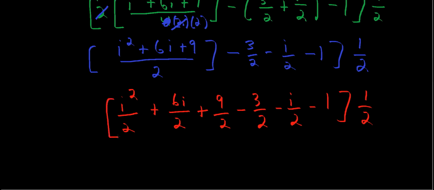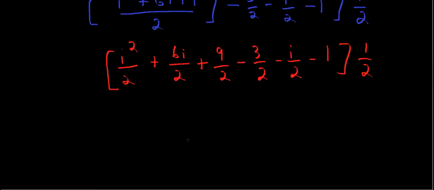And don't forget, I know I'm not writing it, but the summation is I goes to 4. That's all still out there somewhere. Okay, I'll write it so we don't forget. I equals 1 to 4.